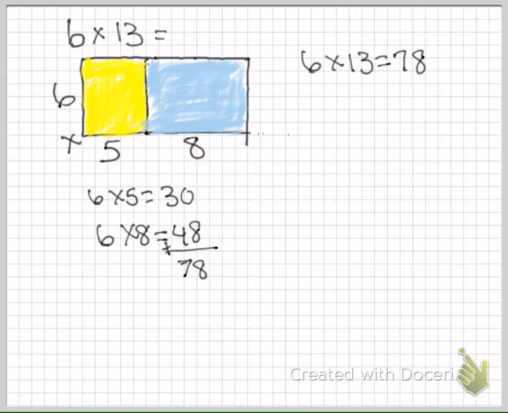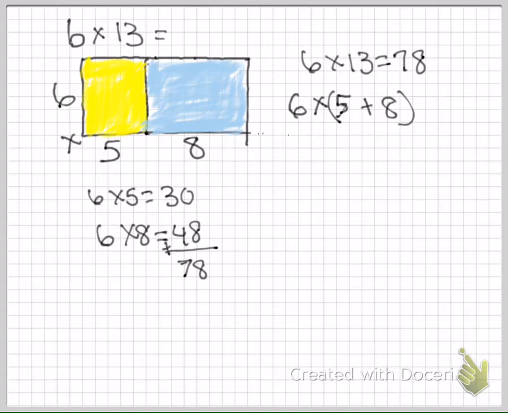Now let's write it out showing you the distributive property. We keep our 6, then we take the number 13 and we divide it into 5 plus 8. When we put the brackets around that little problem there, it tells us that 5 plus 8 is representing that number 13.